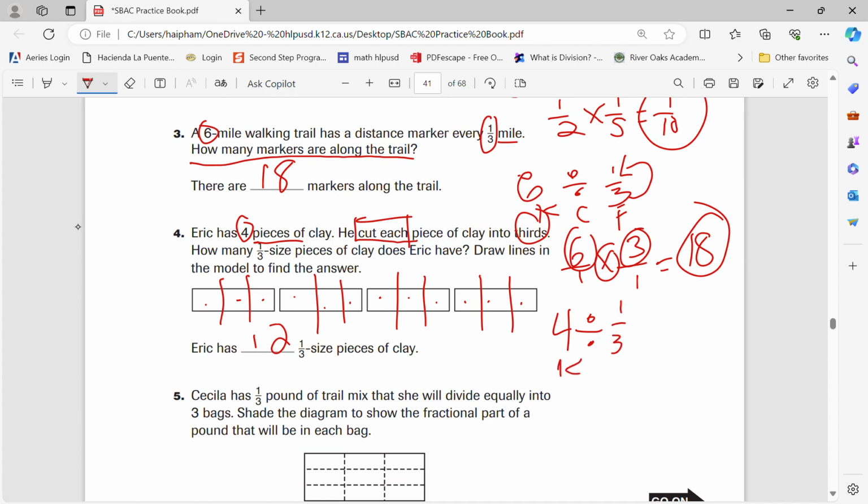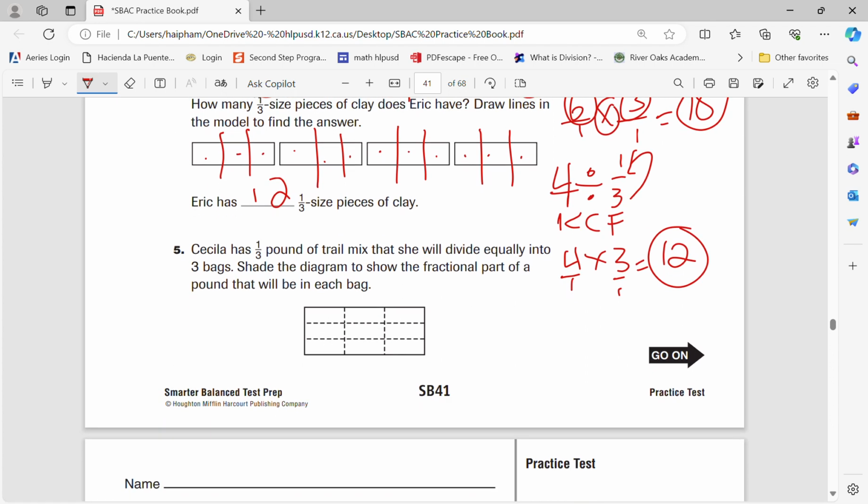And if you use KCF, this is the same thing as 4 times 3. Okay, keeping the first fraction, flipping the second one, and changing division to multiplication, which will result in 12, the product 12. Moving on to number 5.